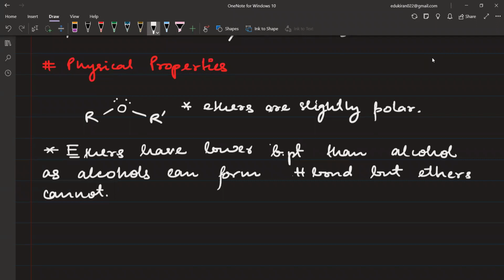Alcohol can form hydrogen bond because it has an OH bond, and whenever you have an OH bond, those molecules can form hydrogen bond with themselves. Right, next.